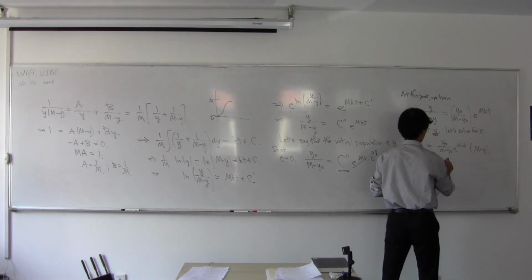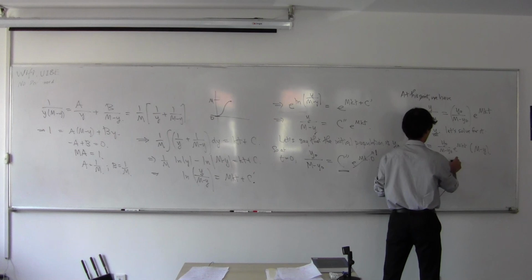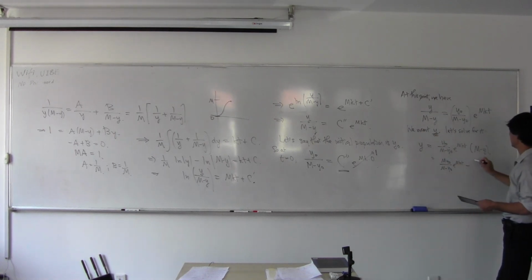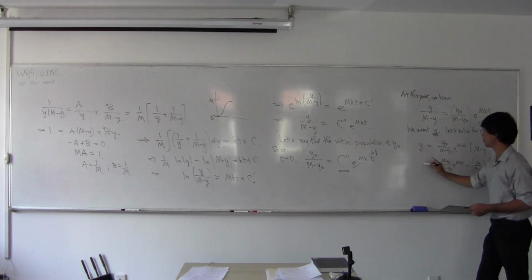You get m y naught over m minus y naught e to the mkt minus y naught over m minus y naught e to the mkt times y equals y.